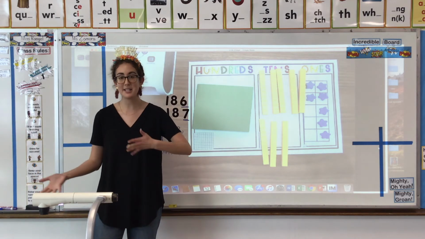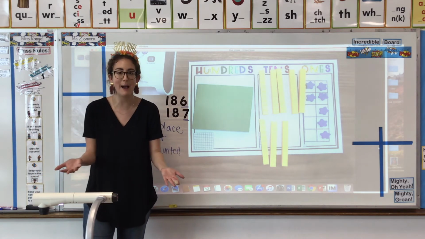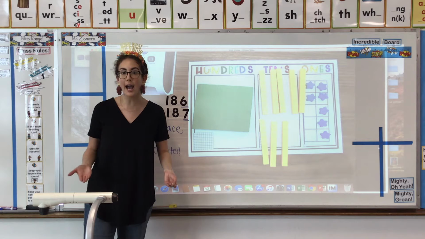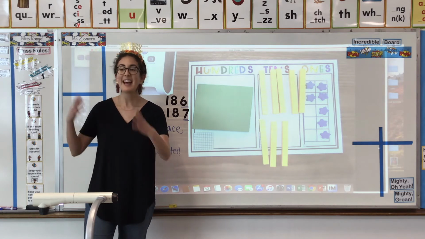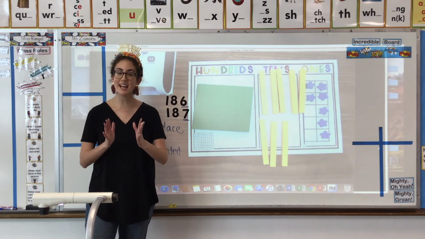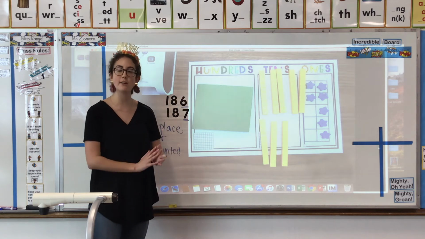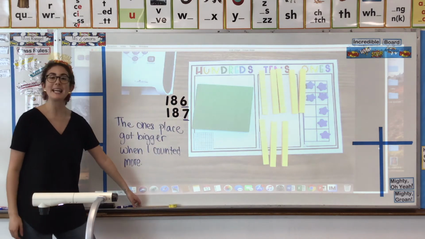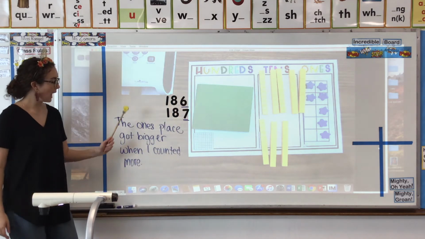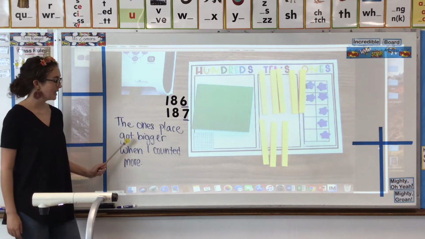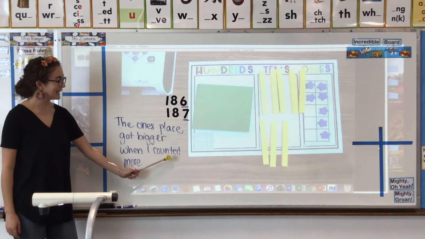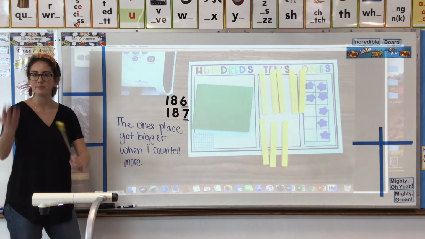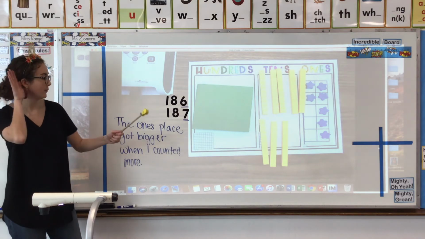And then second grade, to continue talking about how and why the statement is true, that 1 more than 186 is 187, we can continue to say the ones place got bigger when I counted more. Can you say this with me? Here we go.